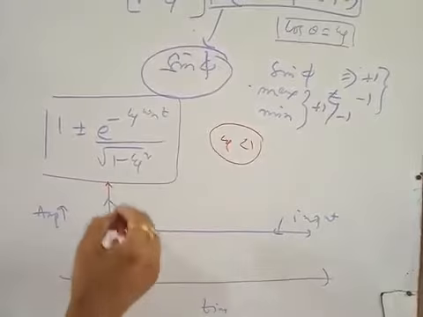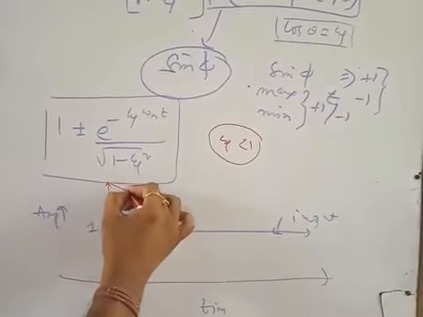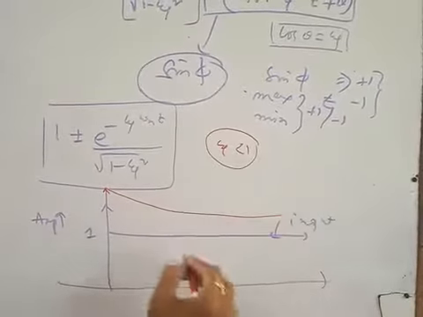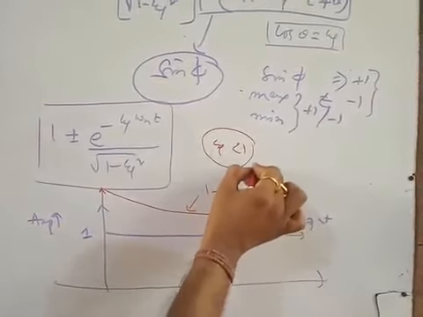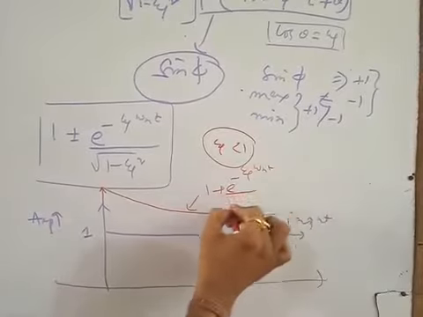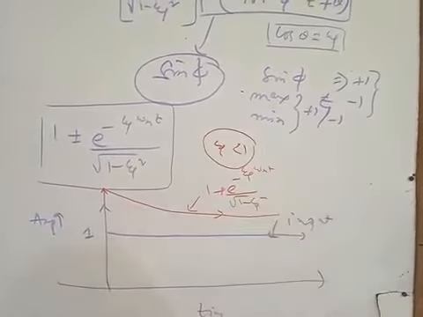The envelope is like this. This is the envelope for 1 plus e to the power minus xi omega n t by root over 1 minus xi square.